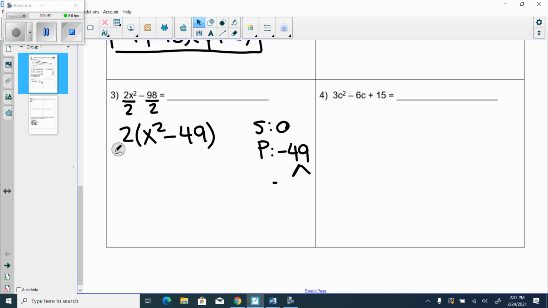Right. So remember our trick for these was that our parentheses should be exactly the same, just one of them has a positive and one of them has a negative.